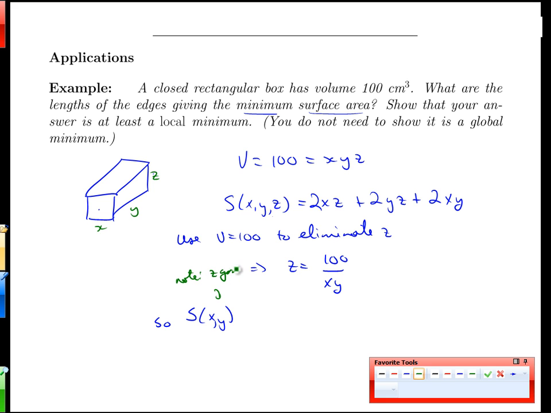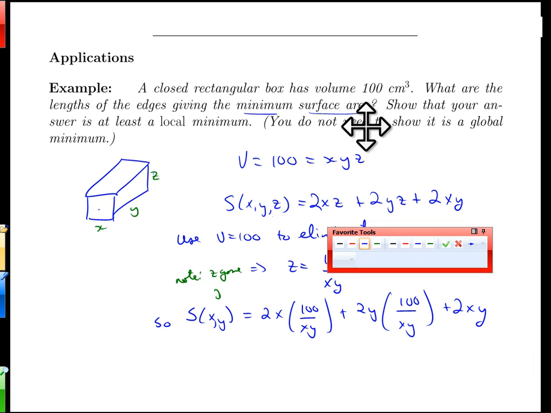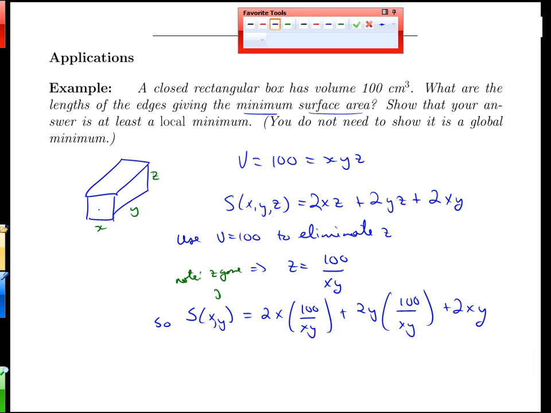So our surface area as a function of X and Y together, and note no Z, Z is gone now, would be 2X times 100 over XY plus 2YZ, but Z is 100 over XY, and we have 2XY as our last term. So this is the function of two variables that we're trying to optimize.